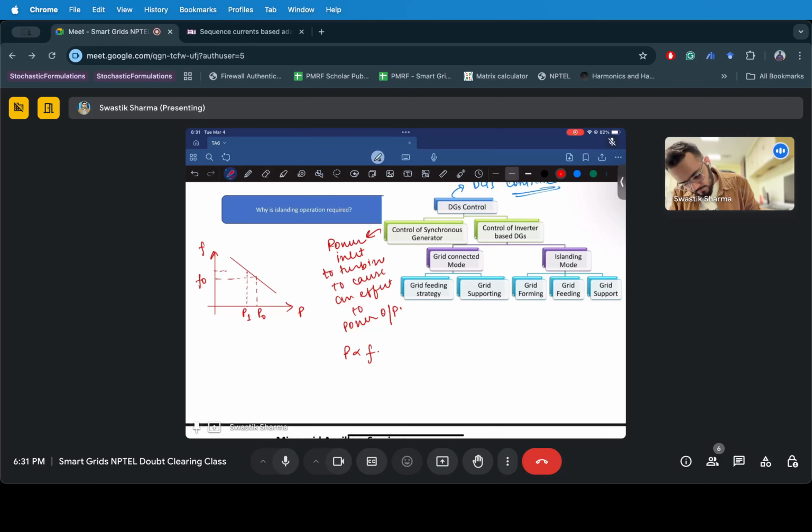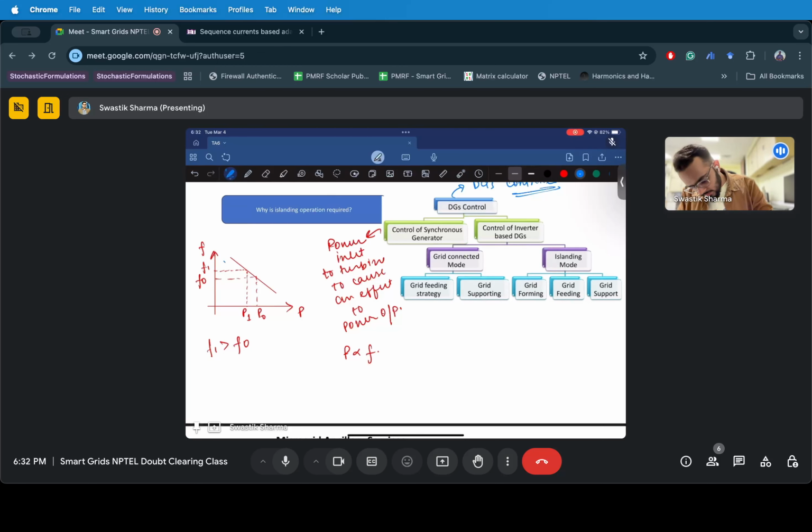Your load decreased and your frequency has now increased. So this frequency F1 is greater than your nominal frequency F0, right? Now what you want to do is make sure that this droop or power characteristic can be modulated so that it comes back to how it was originally behaving, right?